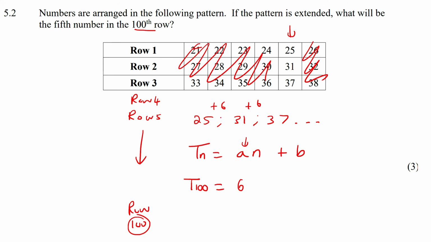And then n is 100, sorry. And then B is always going to be term 0. There are other ways of doing it. You can try using your own method, but you should get B as 19, because if I use the 0 method, if I had to come back one place, then you would minus 6, and this would be 19. And if you then had to work this out, you would get 619.